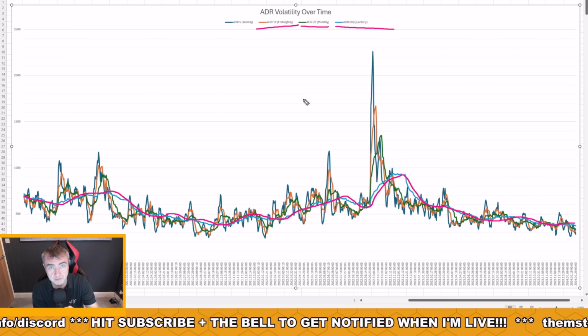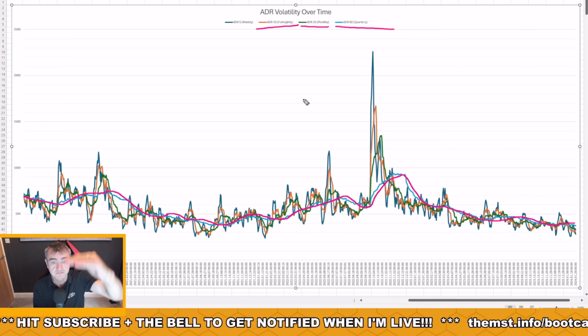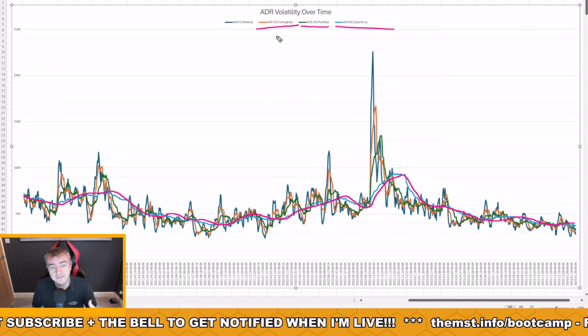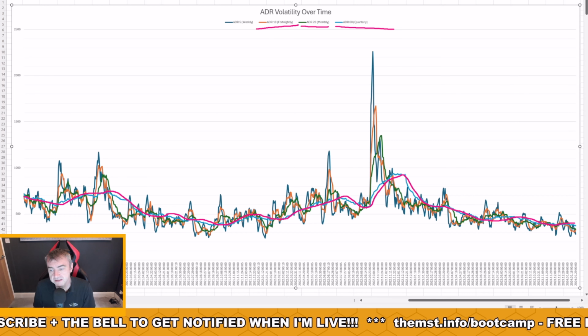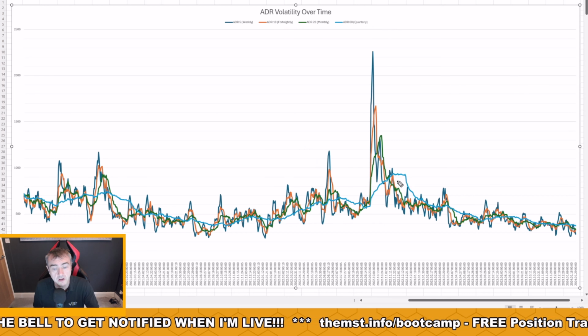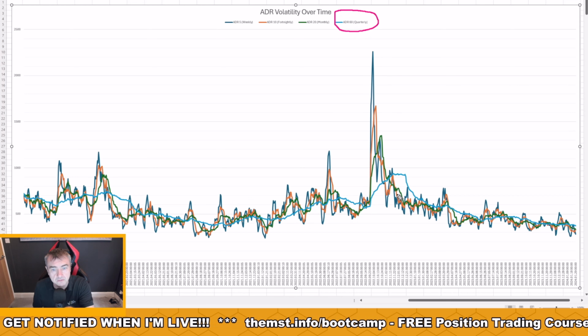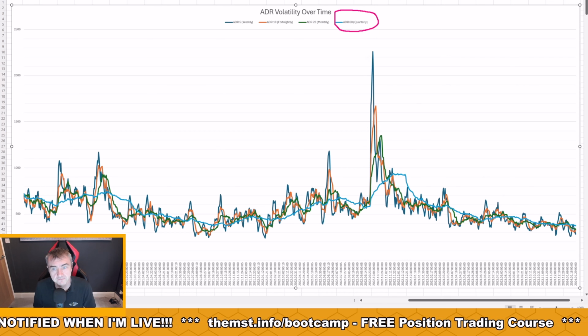Your lot size will be reduced because the distance you're placing your stop and your risk is further away. So that's the theory that I wanted to test. And you can see very clearly from this chart that the blue line, the ADR 60, is much more smooth and stable than using higher volatility.